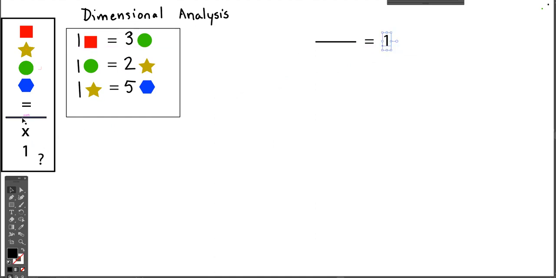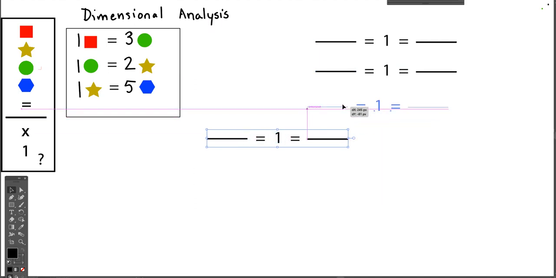And then we're going to have the inverse of that conversion factor, which will also be equal to 1. Let's do that really quickly here. So I'm setting the stage here, and we're going to copy this 3 times because we have 3 different equalities that we can use to create conversion factors. So let's set this up here as well, and one more time.